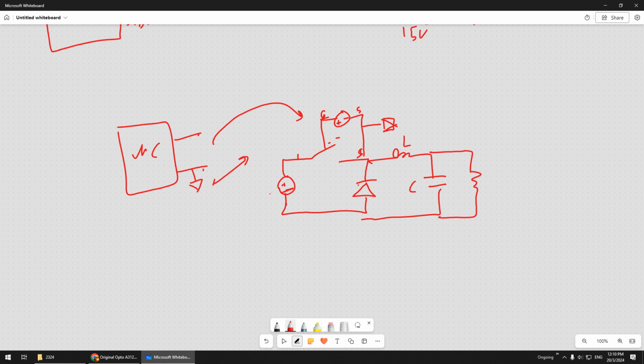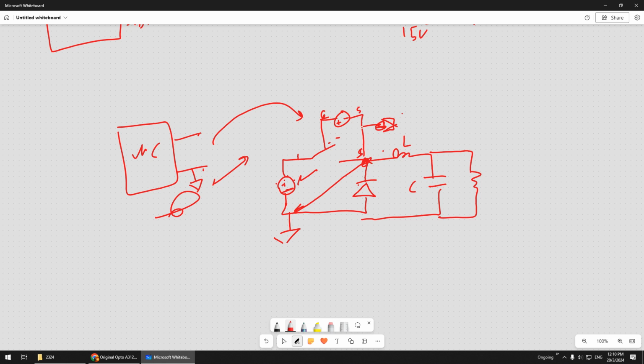And if for this one also you share the ground, what happens is actually this one will be shorted to this one. Basically you will short this supply. So that's why it cannot be like this. You have to have a separate supply for the microcontroller and the converter. You need to have different ground.